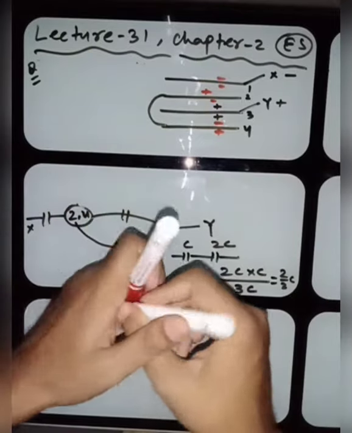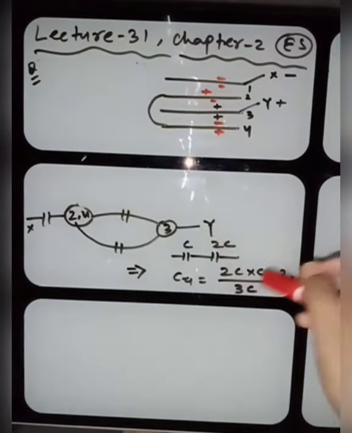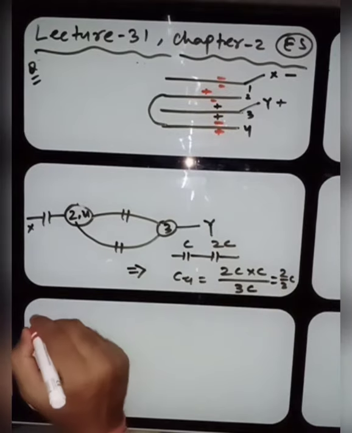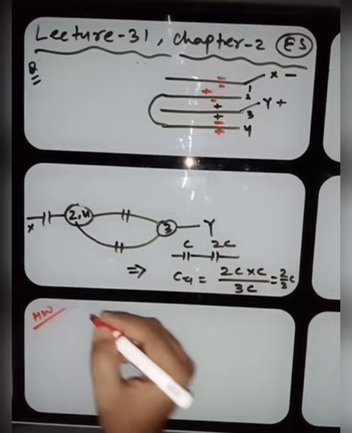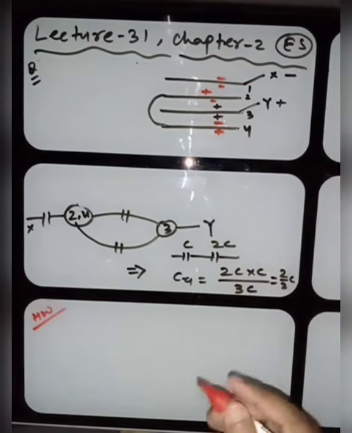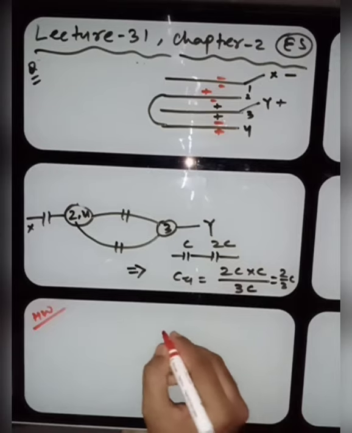I hope students now you will not be confused while solving the plates problem. One I am giving you for your home assignment. Otherwise I have given you the home assignment. You can solve a number of questions, but one question I am giving you here.